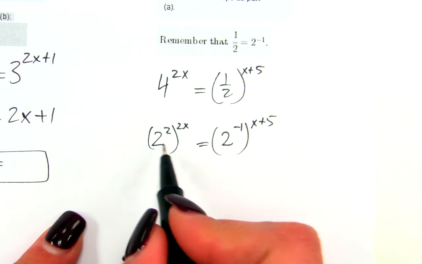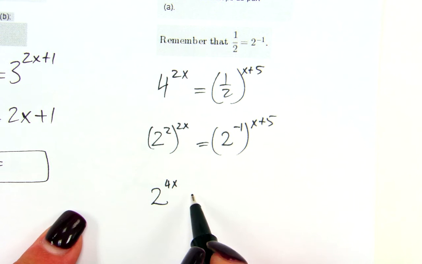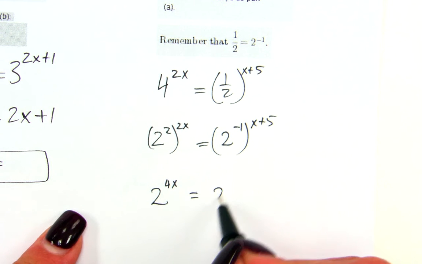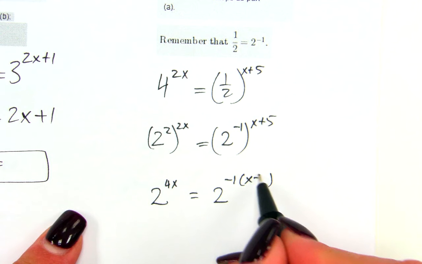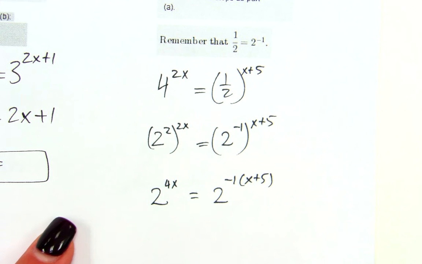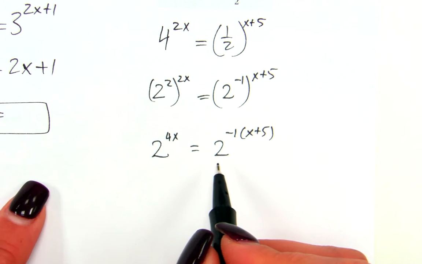So from here, we're going to rewrite again. So it becomes 2 to the 4x, because 2 times 2 is 4. And then it becomes 2 to the negative 1 times whatever was out here, x plus 5. All right. Now it becomes really convenient because I can see my bases are both 2.